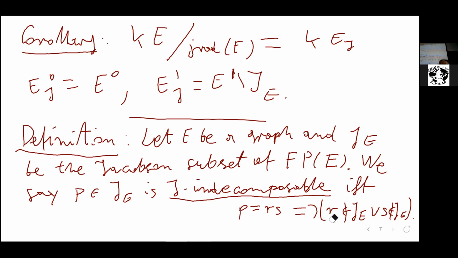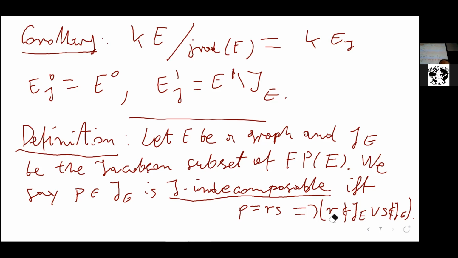None of them can be in the Jacobson subset. It's trivial. It's immediate, because if any of them were in Jacobson subset, remember that this has an ideal property in the semi-ring, which we just defined. So that would be always given. Then both must be beyond Jacobson subset if P is beyond Jacobson subset.